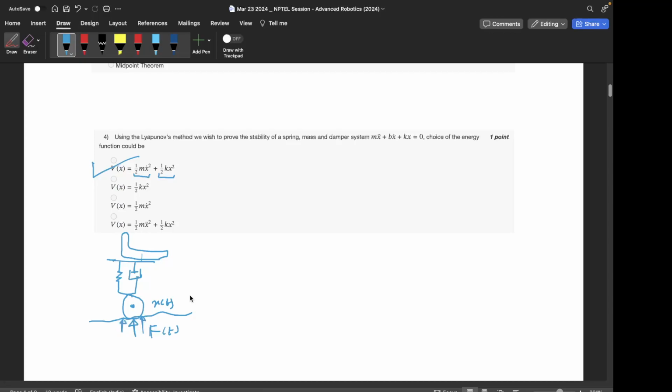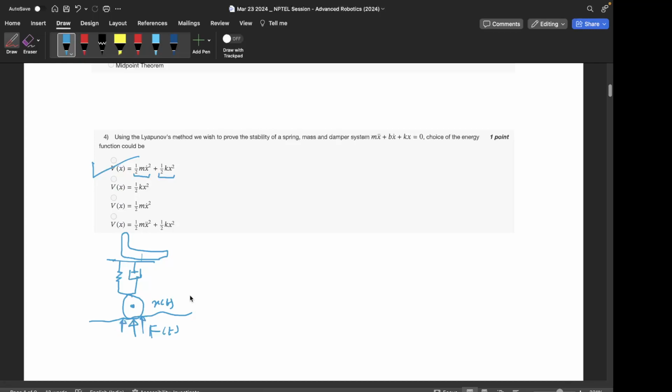Sir, so that force will be opposite to the force that is formed by mx dot plus bx dot plus kx, sir. It should be opposite, no, sir? No, why opposite? That force can act in any direction. It's not restricted by the spring. The spring force will act accordingly depending on the displacement, and the damper force will act according to the velocity.